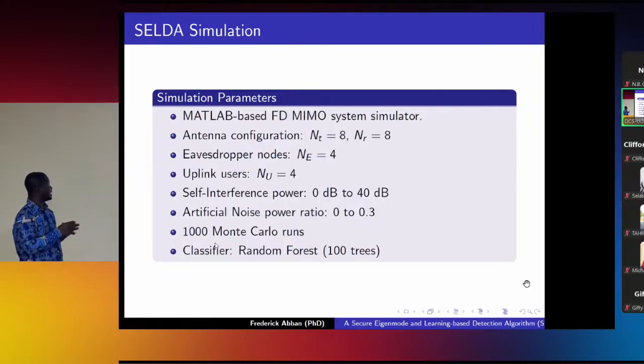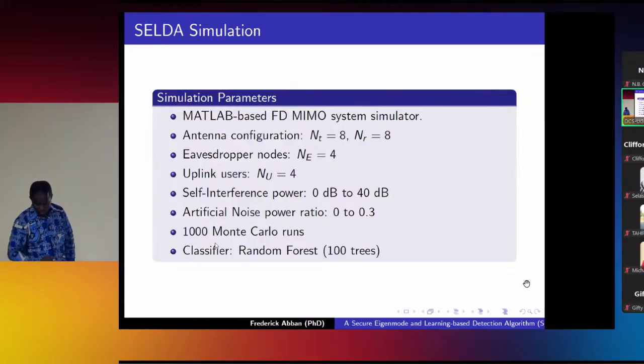We assumed that there are 4 nodes for eavesdropping. We used 1,000 Monte Carlo iterations. And then, like I said, we did a random forest classification, and we used 100 trees to get optimal results.